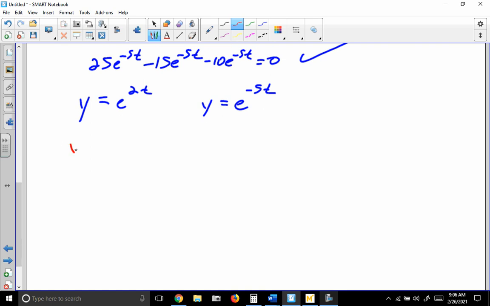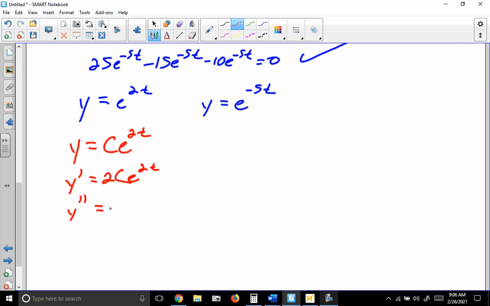So let's see what would happen if we put an arbitrary constant in front of e^(2t). If we take the derivative, the derivative of e^(2t) is 2e^(2t), and we're multiplying that times our coefficient out front.